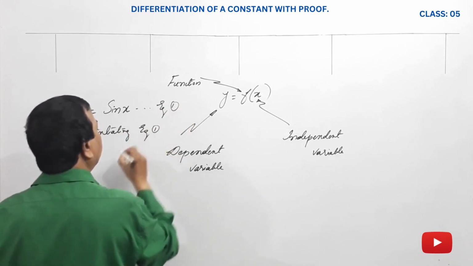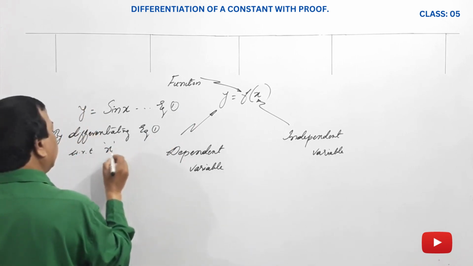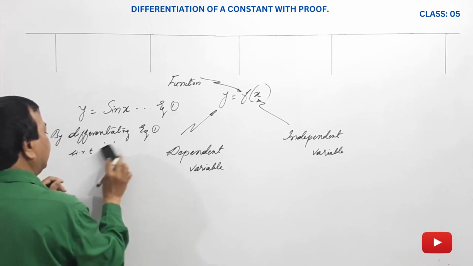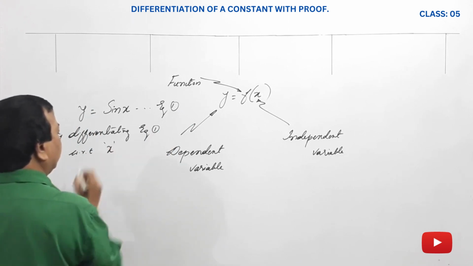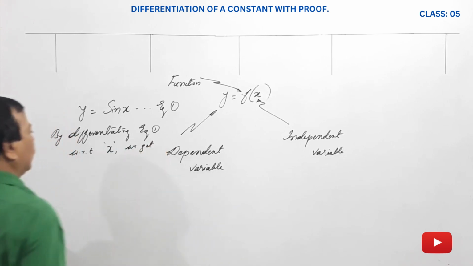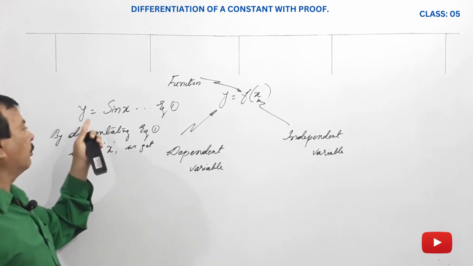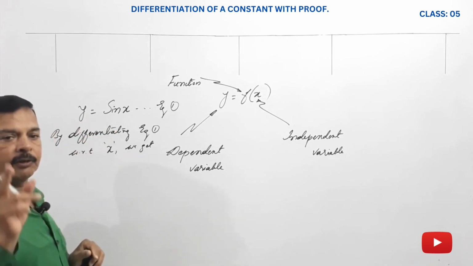Differentiating equation 1 with respect to x, we get what? So what we have to do initially, we have to use y equals sin x and differentiate with respect to x.